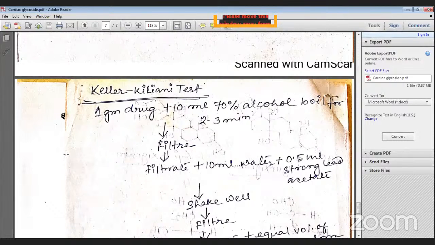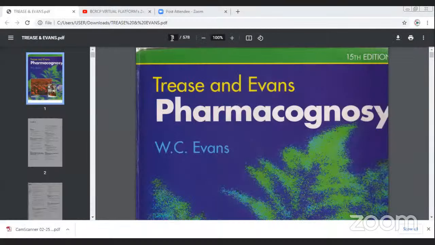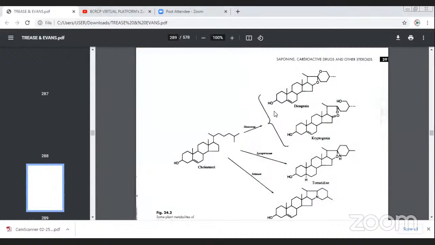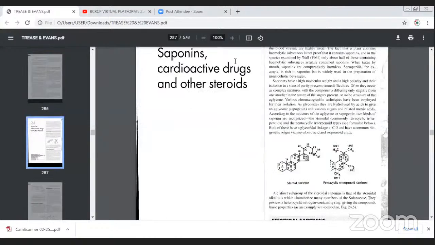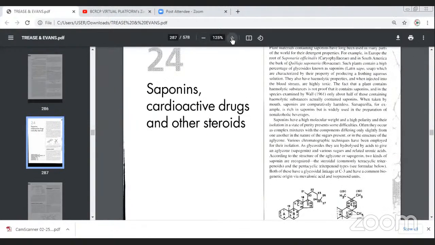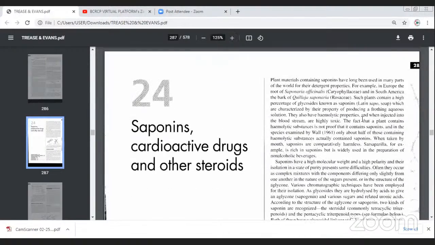This is the steroidal glycoside containing the saponin glycosides. So, steroidal glycosides.